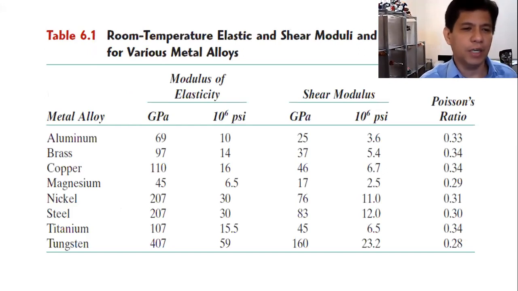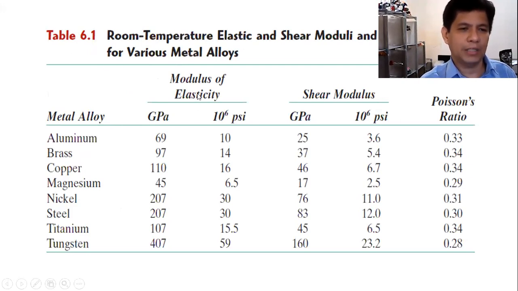So I have here some table ng modulus of elasticity for different metals: aluminum, brass, copper, magnesium, nickel, steel, titanium, and tungsten. You can find this on table 6.1.